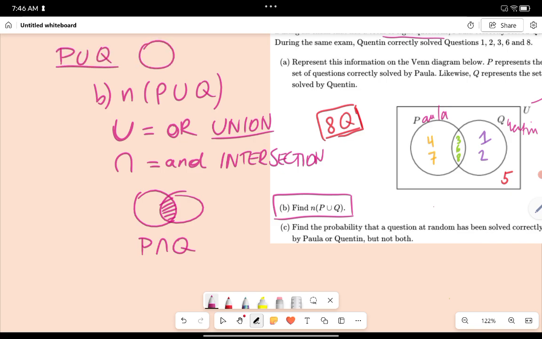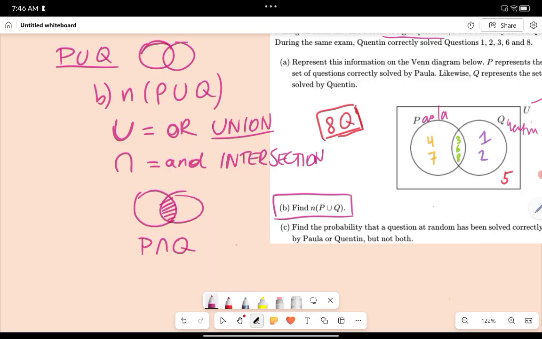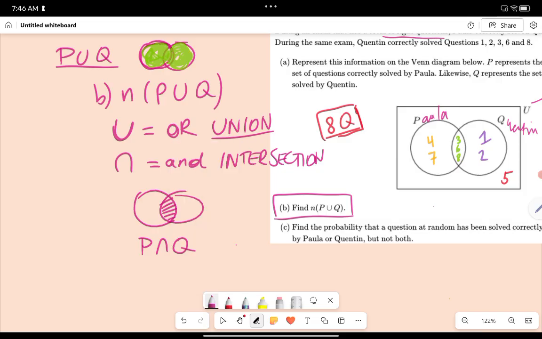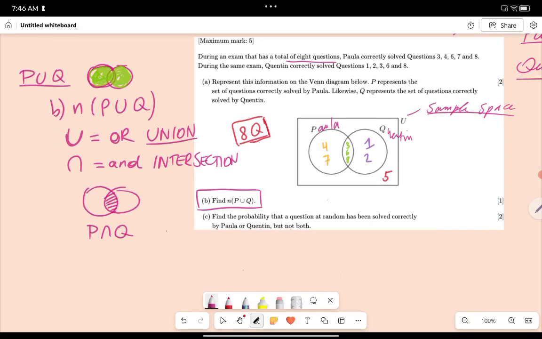So it means that we have P, but also Q. So we have the whole thing, everything together. So P or Q is this whole thing.